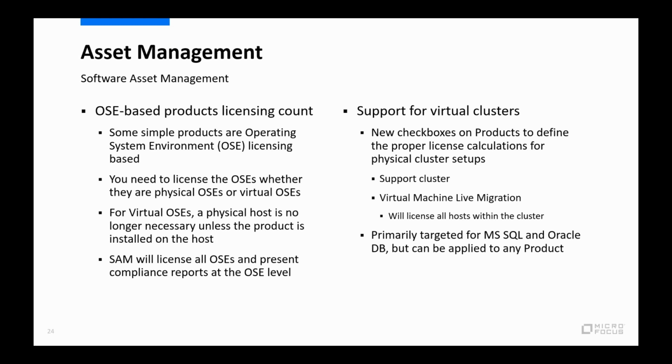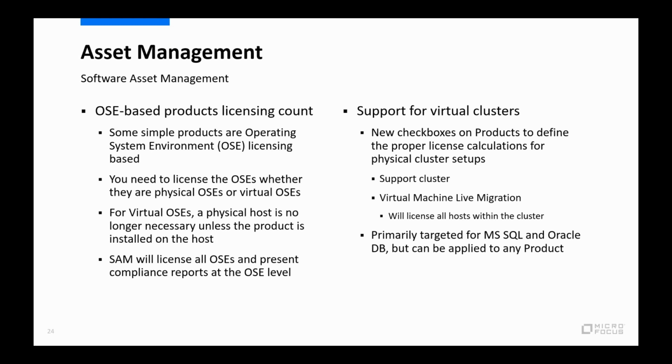And then we're adding some support for virtual clusters. There are a couple of new checkboxes on that products page that control how the license calculations are done for the cluster setup. There's a support cluster option that you can check and a virtual machine live migration option.